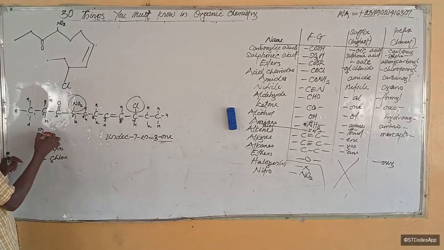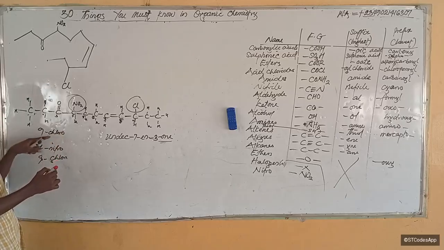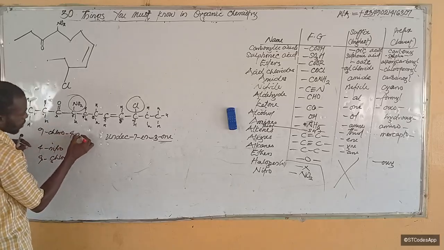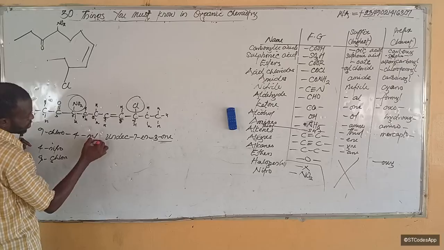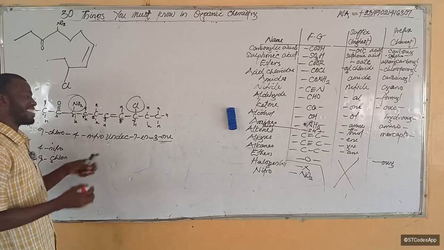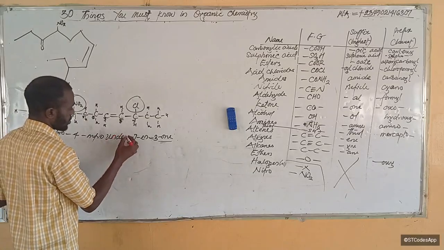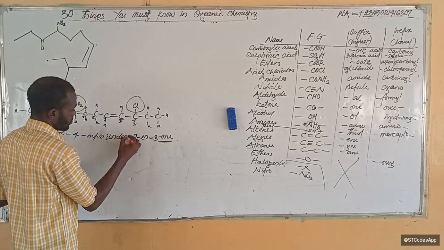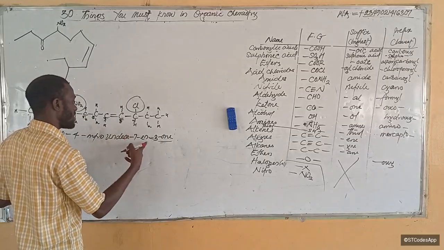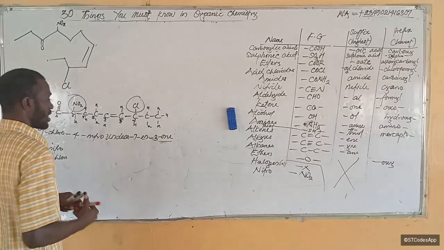Our answer becomes 9-chloro-4-nitro, keeping in mind the dash between number and letter, dec-7-en-3-one.